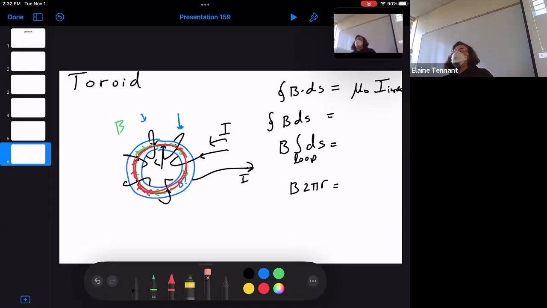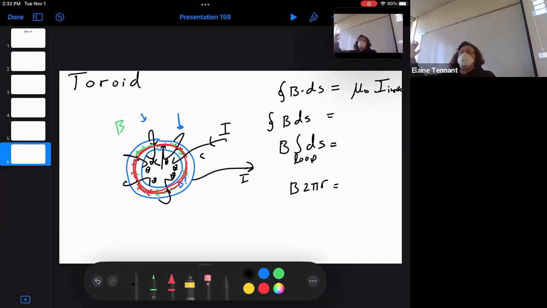Let me ask you a question. If I had more loops of wire, would you expect the magnetic field to be stronger or weaker, or does it depend? Stronger. Okay, so the more loops of wire, the stronger the field. So I need to account for the number of loops of wire I have. If you look at this, I have current going into the circle once, twice, 3 times, 4, 5, and 6.